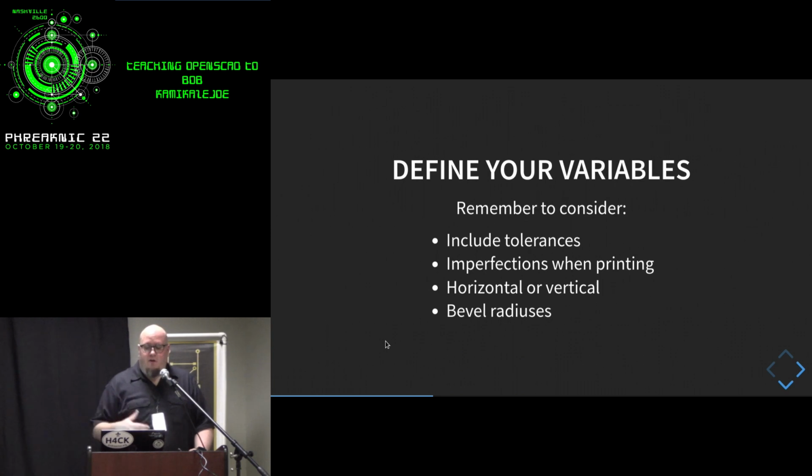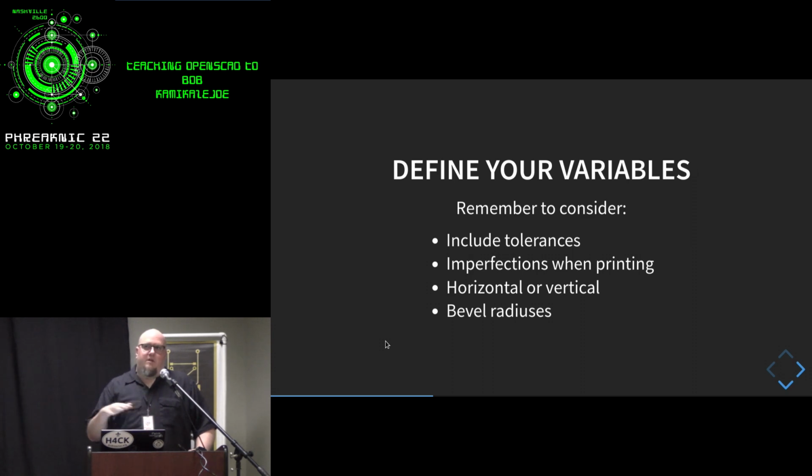Like I said, define all your variables. Take into account tolerances of the material, like how big the screw is going to be. Your printer's not going to be perfect. Not everything's going to be down to like the 0.5 millimeter or whatever. That's where my print gap value comes in. It pretty much takes into account the diameter of the nozzle I'm using, and I'll only use that where it's appropriate, such as where the orientation of your print is going to matter.